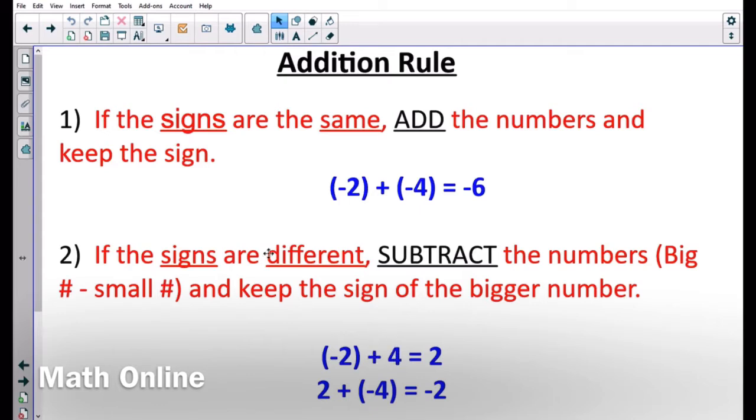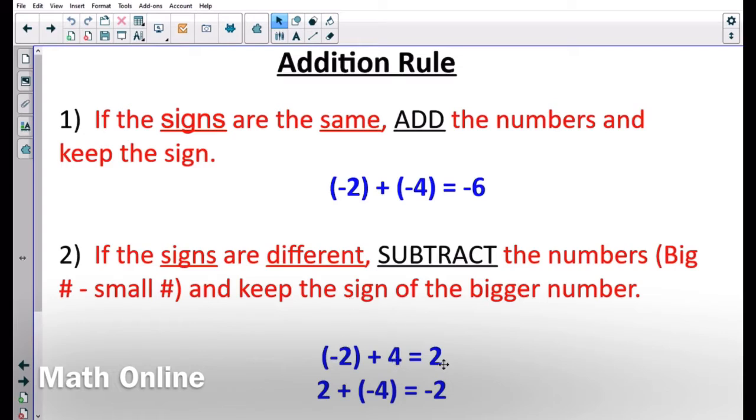So we can clearly see that the signs of these numbers are different. Since the signs of the numbers are different, we must subtract them. And notice how in parentheses I put subtract. When you're subtracting, you'll take the big number minus the small number. So in this case, I will say 4, since that's the biggest number, 4 minus 2 is 2.